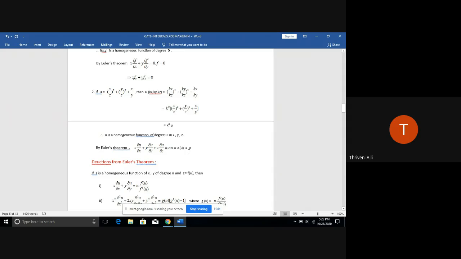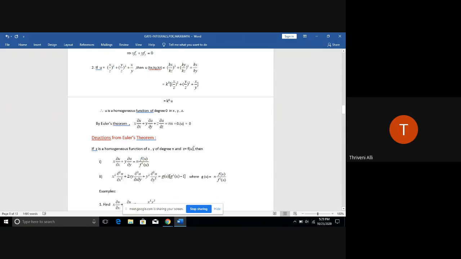Okay. And some of the deductions from Euler's theorem. If z is a homogeneous function of x, y of degree n and z = f(u), then these are the two deductions from Euler's theorem. You need not prove them, just remember these two deductions.